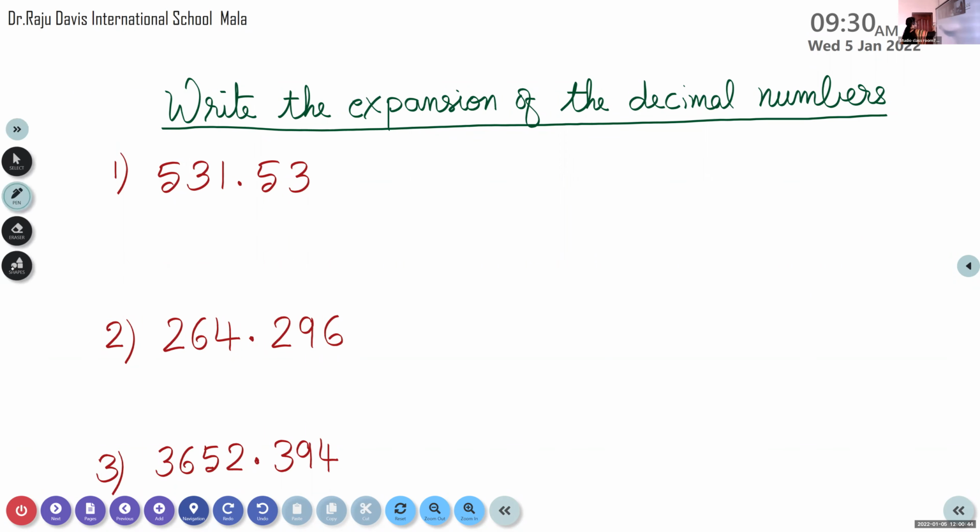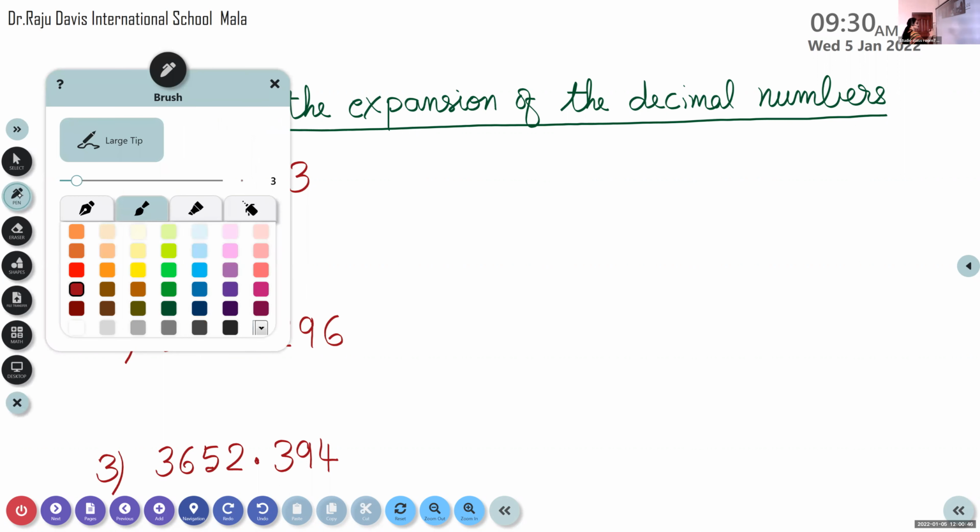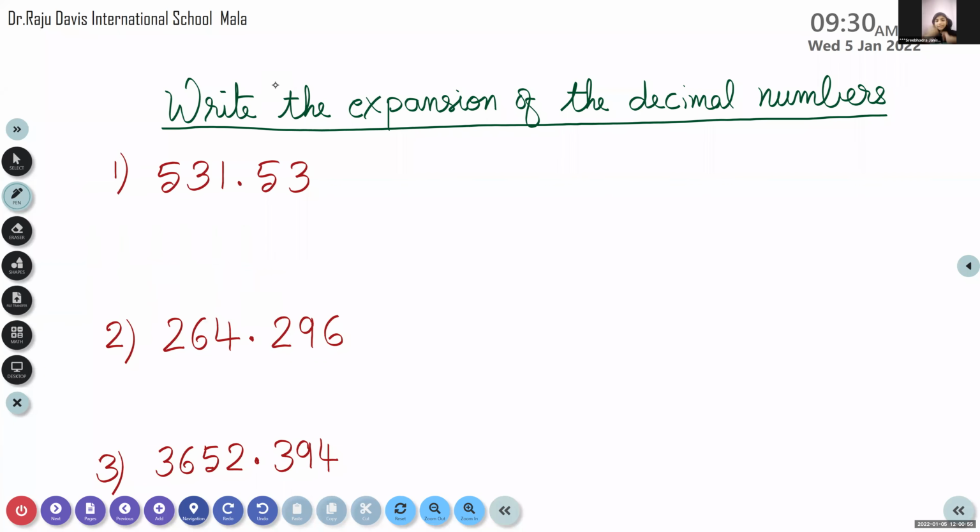If you want, you can write the places on the top, or else you can just write the expansion. Ma'am, I cannot see the second row.